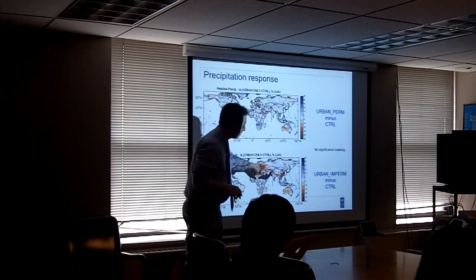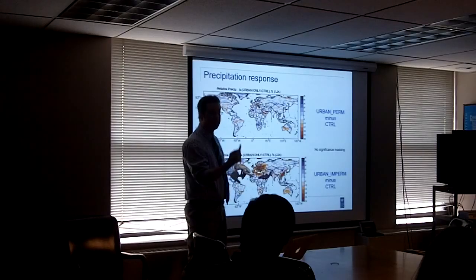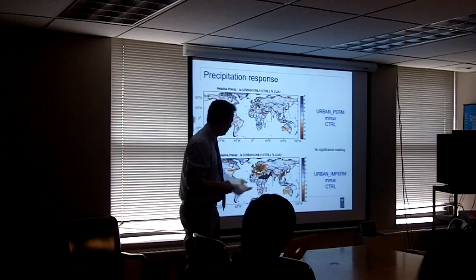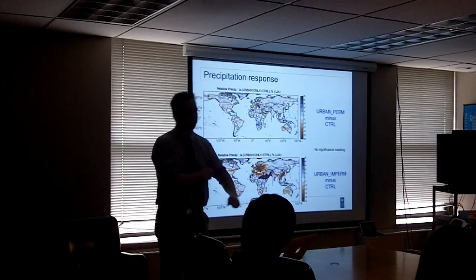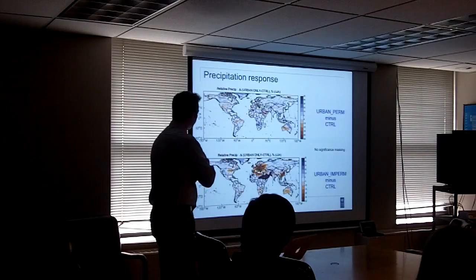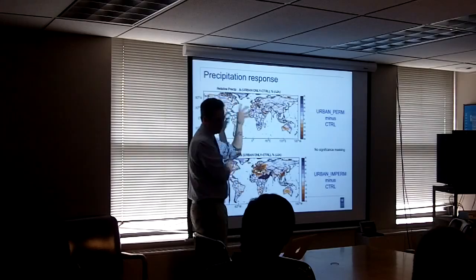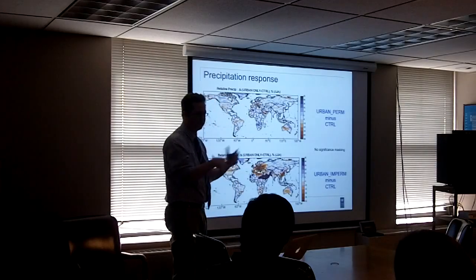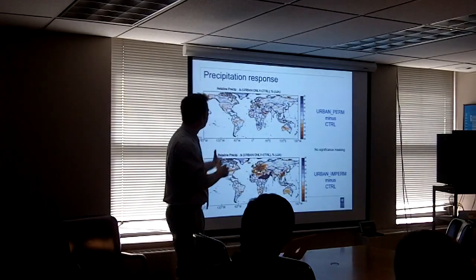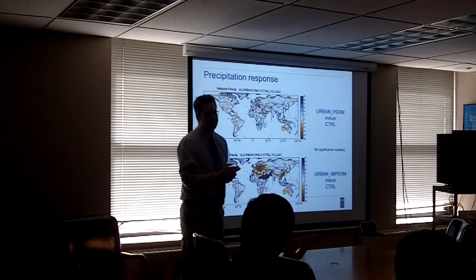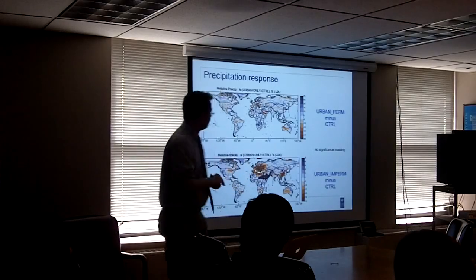When we used the impervious land cover data from NCAR, we had this ridiculous response of precipitation. If I allowed the water on these urban areas to infiltrate into the soil, just as it does with the bare soil, that response to urbanization was much more muted.